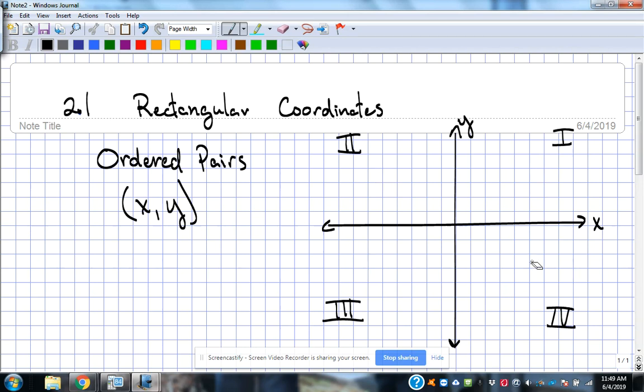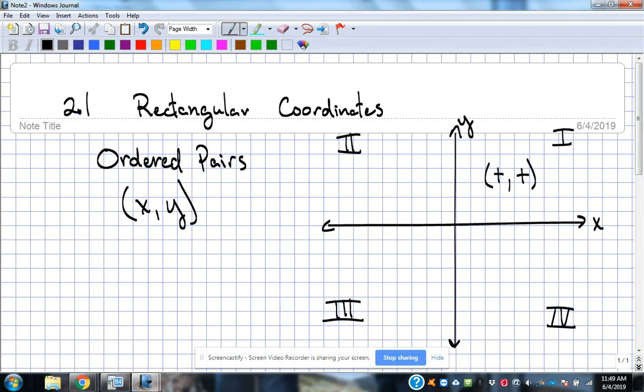The quadrant just means part of 4. The ordered pairs in each quadrant are a certain way. In quadrant 1, the x values are positive and the y values are positive. It's both positive in quadrant 1. So your ordered pairs, if you've got positive, positive, you know it's in quadrant 1.